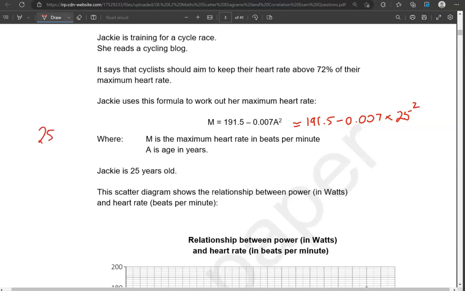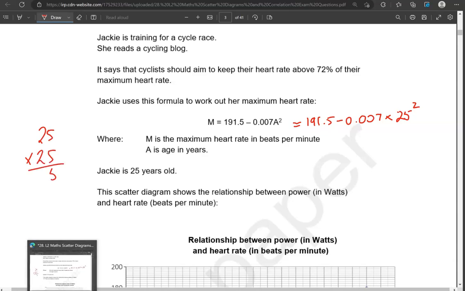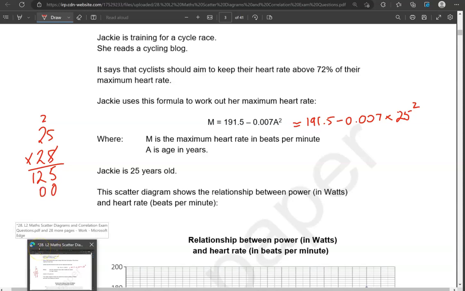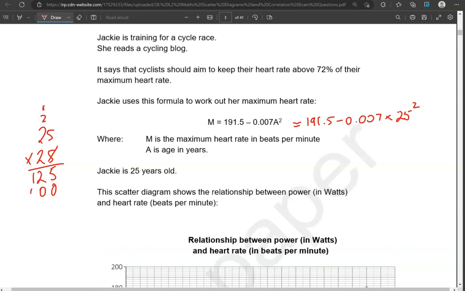So we'll do 25 times 25. 5 times 5 is 25, so 5 down, 2 carried over. 5 times 2 is 10, and the 2, that is 12. Putting 0 down, 2 times 5 is 10, so 0 down and 1 carried over. 2 times 2 is 4, and the 1 is 5. So 625.